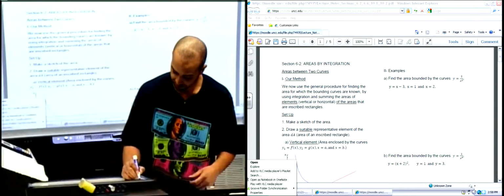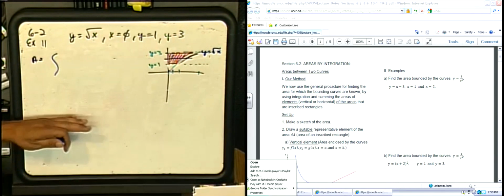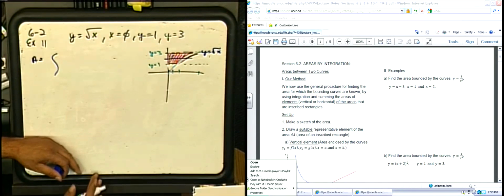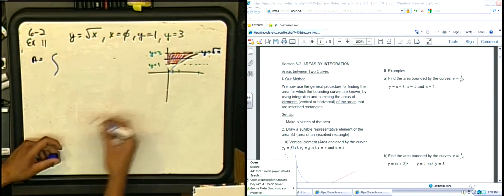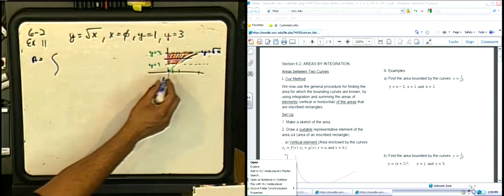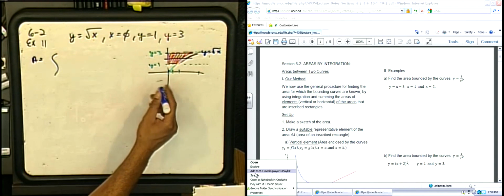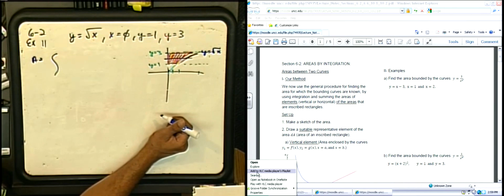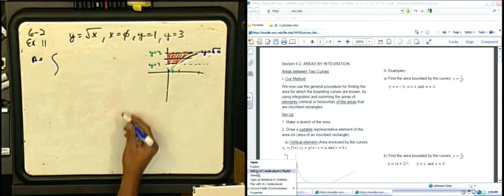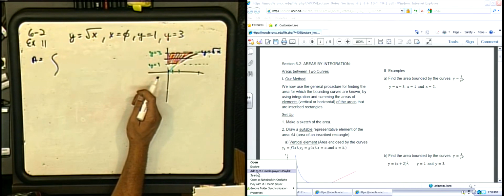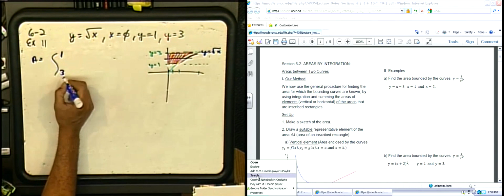Write the equation. Area equals, in this case, it won't be upper and lower, it'll be left and right, or you can say positive and negative, high and low. You could say high minus low. Area between those boundaries, high and low.